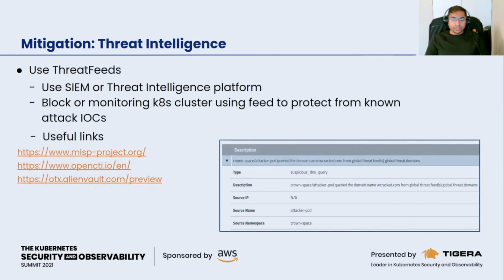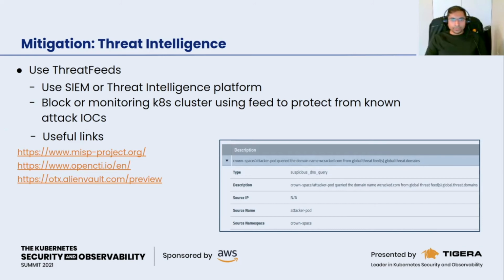Next, you should have some kind of threat intelligence platform or SIEM, blocking or monitoring already inside a Kubernetes cluster, so that if somebody else has been compromised and their C&C server, IP, or domain is shared with the entire world in STIX or TAXII format, you have the ability to get that information and block it within the cluster.